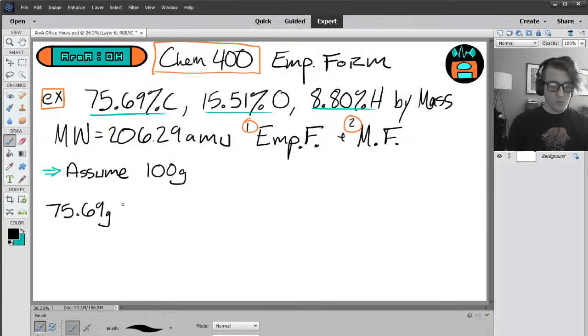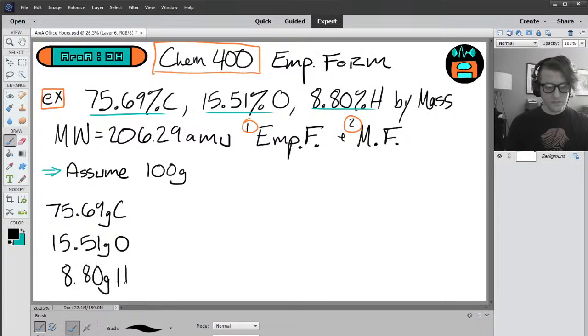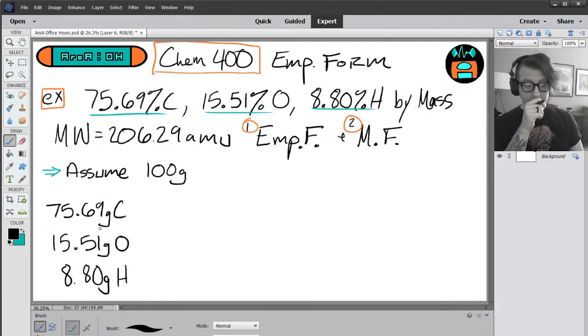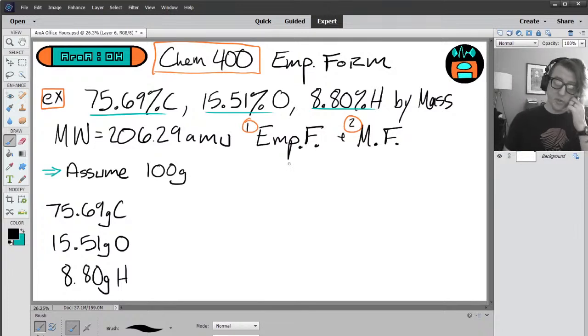Because if you have 100 grams and 75.69% of that mass is carbon, that means you'll have 75.69 grams of carbon itself. The same goes for oxygen and for hydrogen. Now we know with both empirical formula and molecular formula that the ratio of the subscripts within the formula are not mass ratios, those are molar ratios.